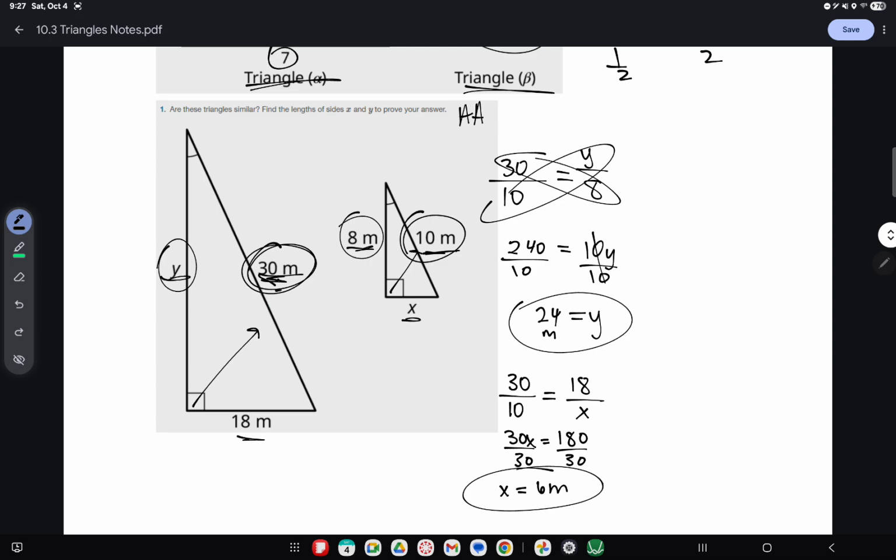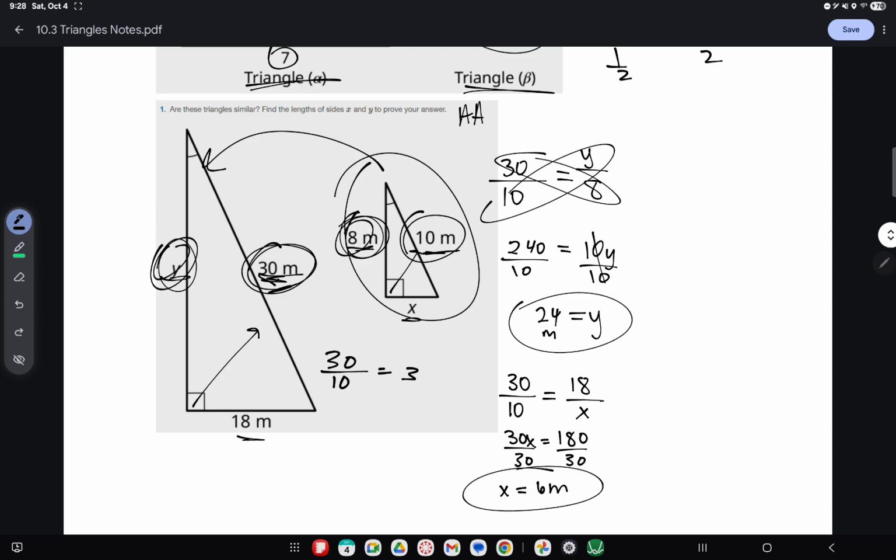So if I know that from 30 to 10 reduces to 3, that means this one times 3 would get over here. So 8 times 3 is 24. Well, look, we got 24. If we're going the smaller direction, then it's, instead of 3, it's 1/3. So we can divide by 3, and 18 divided by 3 is 6.